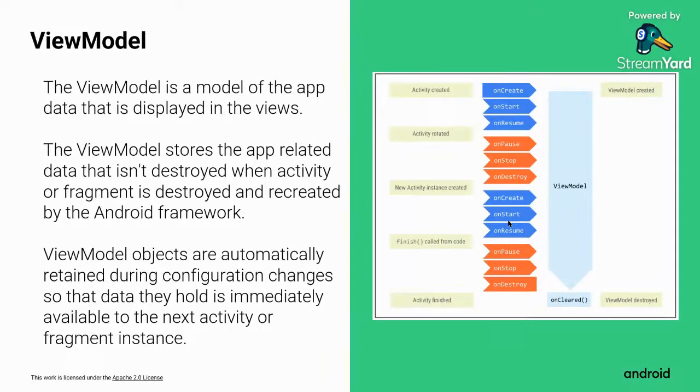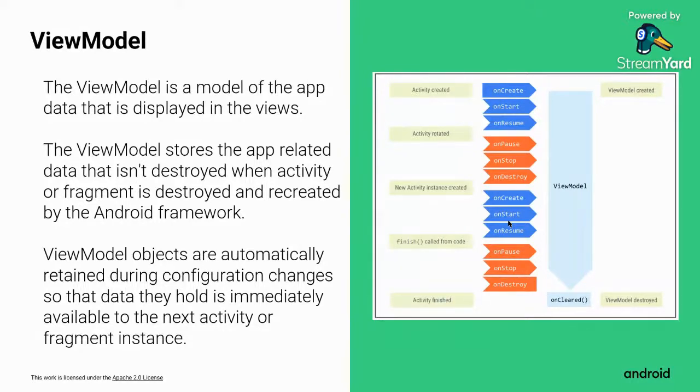But a view model would have all your data stored, and you can use that data directly to be displayed onto your UI controller, which is either your activity or your fragment. You wouldn't have to go to your activity_main.xml file and declare a string in your strings.xml and link that. That depends on what kind of use case you have, but on a normal basis, you wouldn't need to do that anymore because your view model stores all the data.